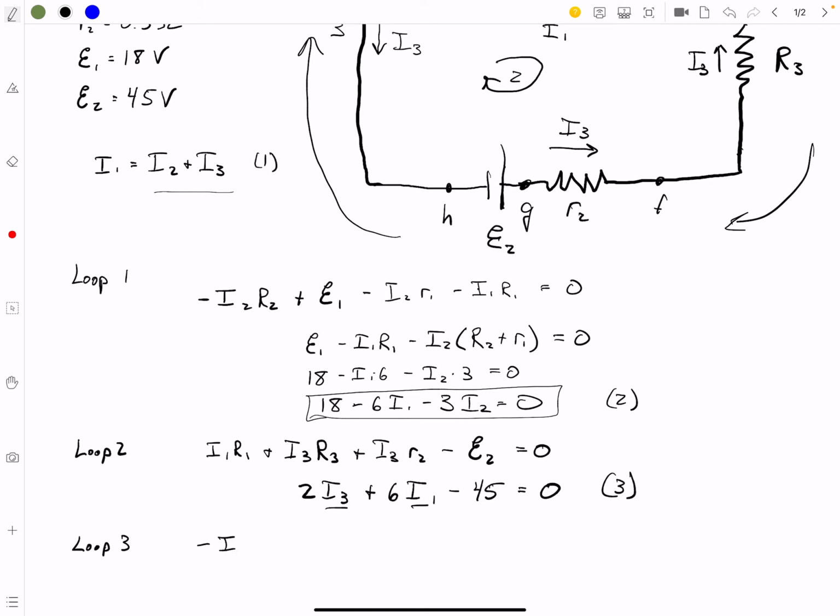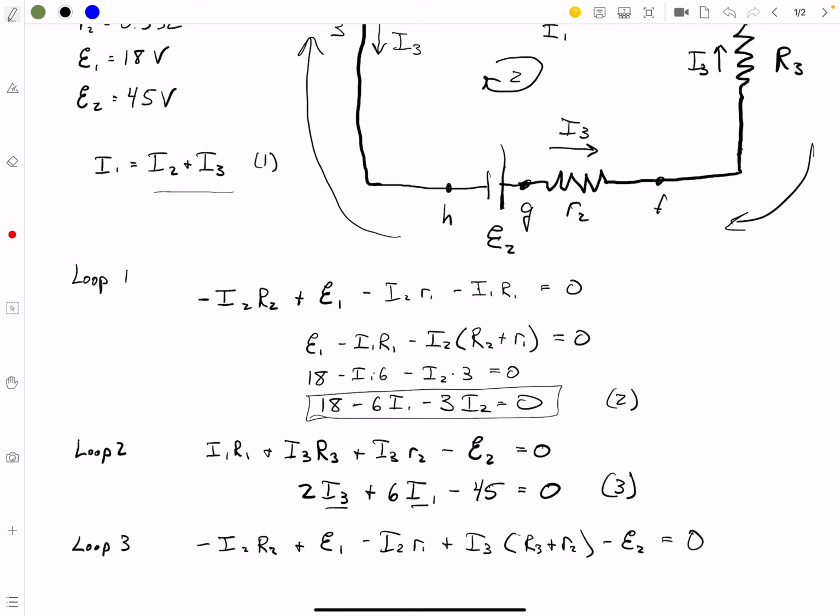You should get I2 R2 plus epsilon 1 minus I2 R1 plus I3, and I'm going to just shorten this up a little bit, R3 plus R2, and minus epsilon 2, EMF 2.